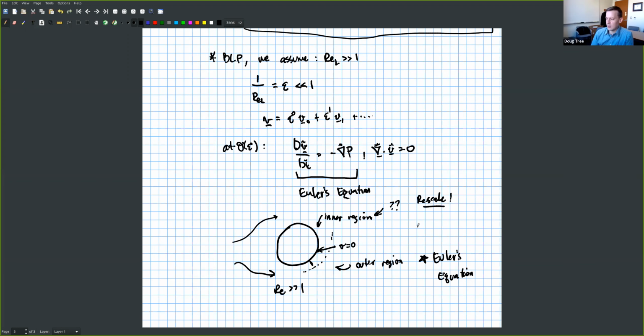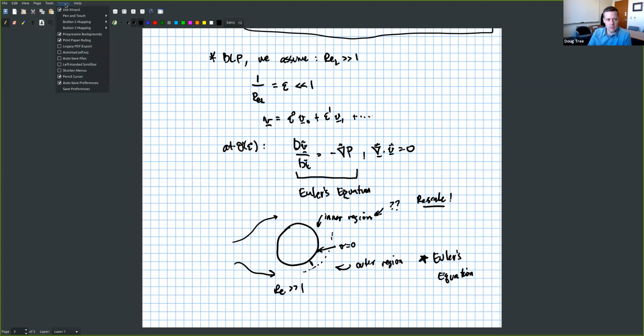It could be this length scale, it could be this length scale, it could be this length scale. When we tried a bunch of different length scales, one of them worked to make it so that our problem wasn't singular anymore. That special length scale is the size of the boundary layer. We might not know what it is, but that's what the size is.